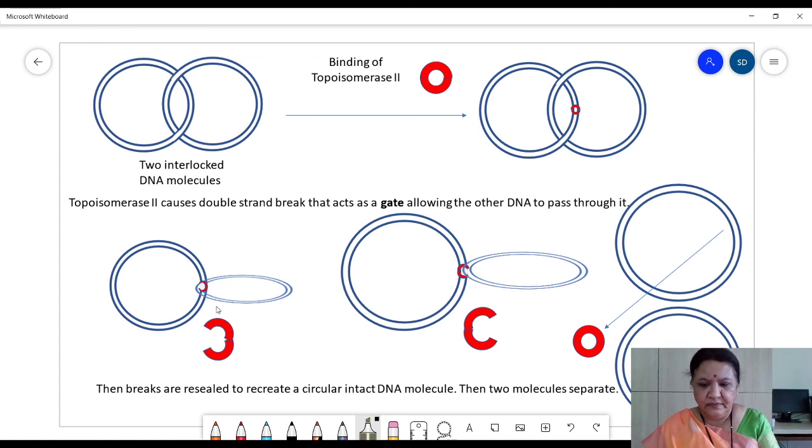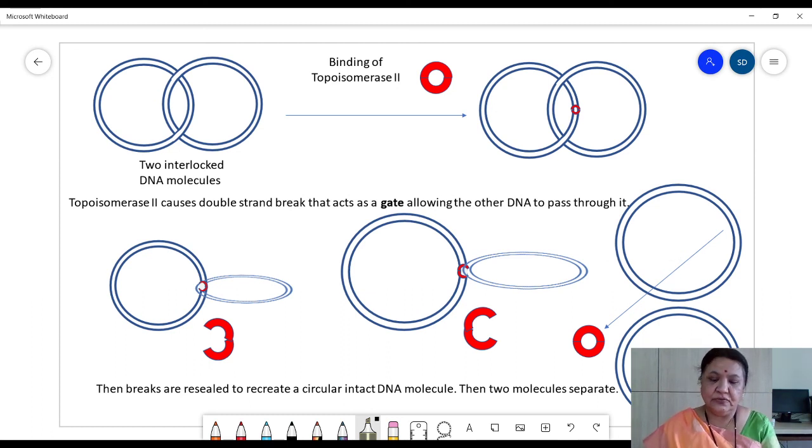Here it is open from this end so that the intact DNA molecule enters through this broken DNA molecule, and now it opens its other end and joins to the first one, the first opened end. Now they are joined and the second is open. Through this the DNA exits, and this topoisomerase 2 gets separated. Thus now these two molecules are separate.